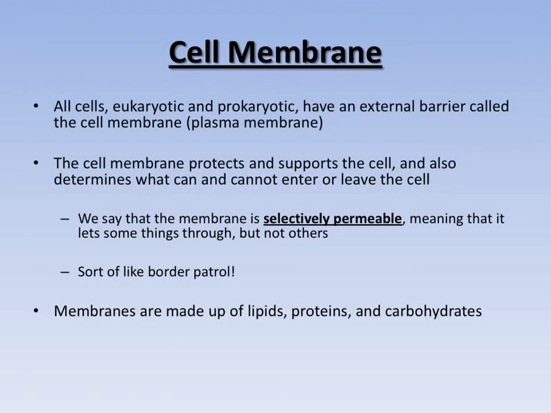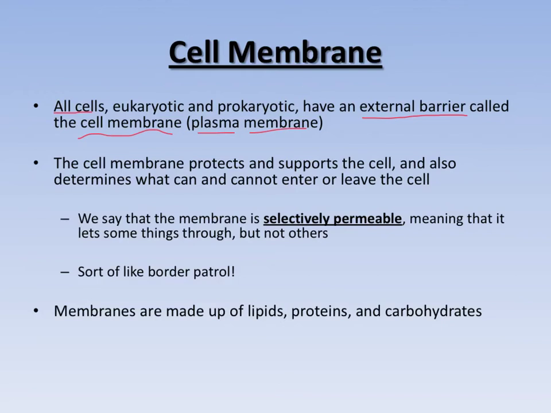Now, one of the last things that we want to look at are the outside structures of the cell. Every cell, no matter if it's a eukaryote or a prokaryote, has to have an external barrier that defines the edge of the cell, and that is called the cell membrane, or sometimes the plasma membrane.